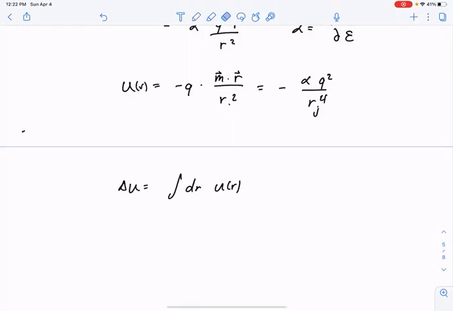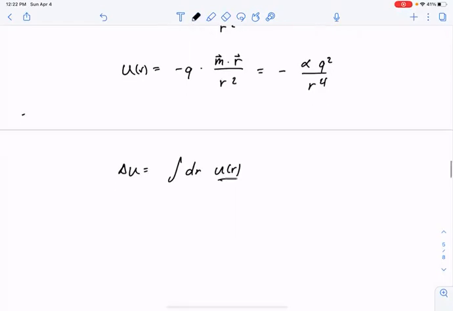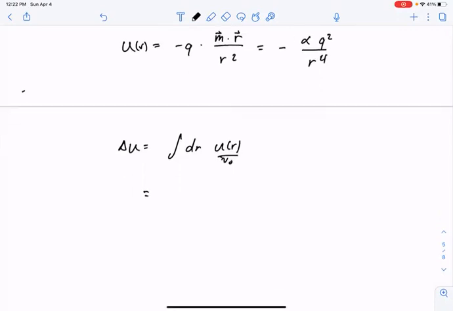Don't need to introduce these J's. Up to some volume, to the energy density. It's radially symmetric.